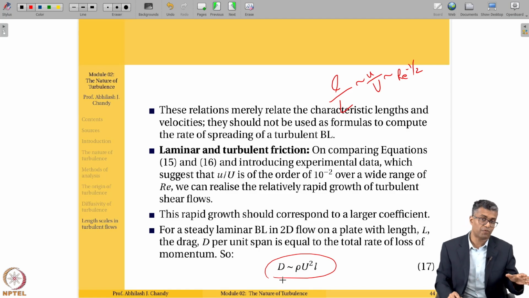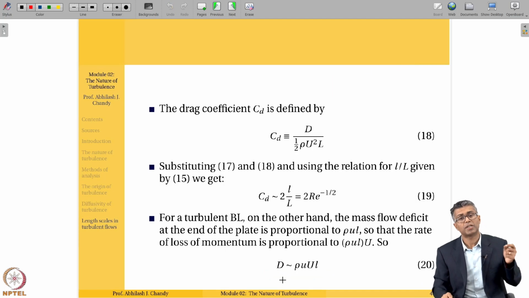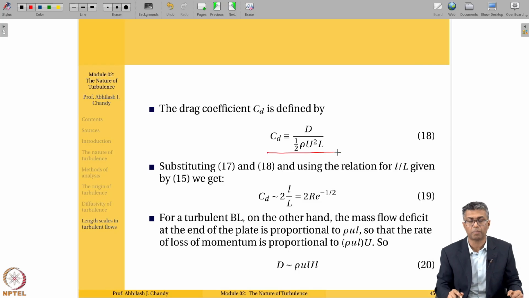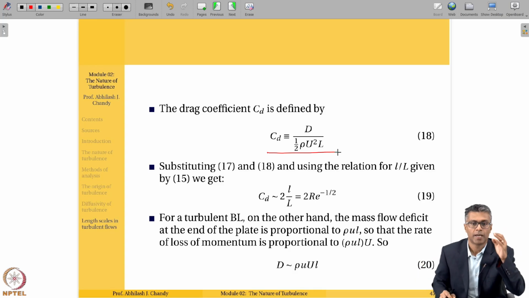We would have proved in fluid mechanics that it is actually rho U squared theta, where theta is the momentum thickness, d theta dx. But again, we are saying it is of the order of magnitude of rho U squared l, since we know what l is, or we've been dealing with l. So the drag coefficient is CD, and this is the definition of drag coefficient, given by drag force divided by half rho U squared L, capital L being the length of the plate.